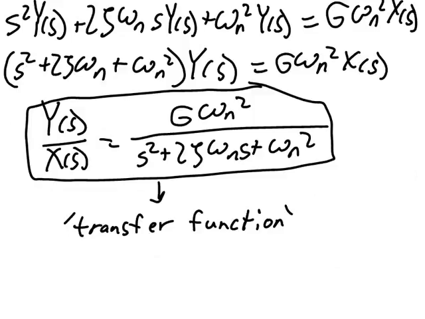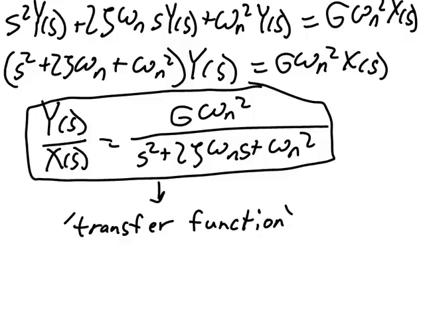I can tell that it's in the form of a transfer function because on the left-hand side I have the output signal Laplace transform divided by the Laplace transform of the input signal, and that's equal to something on the right-hand side that has only constants and the variable s.